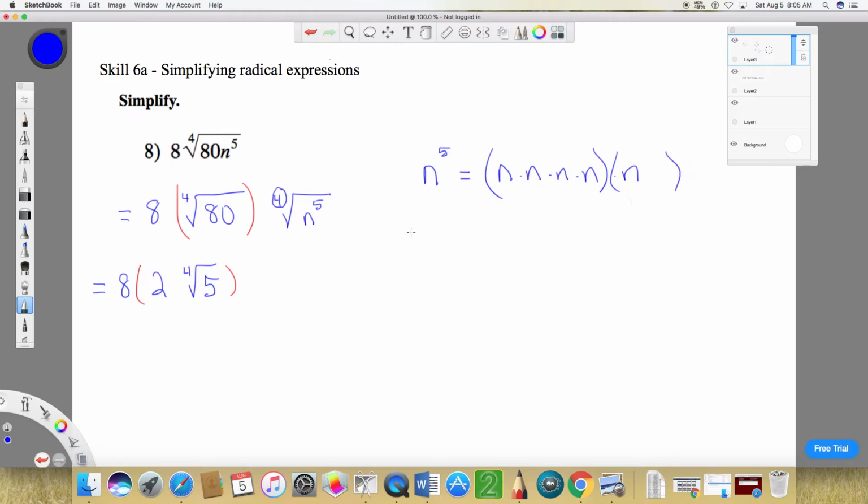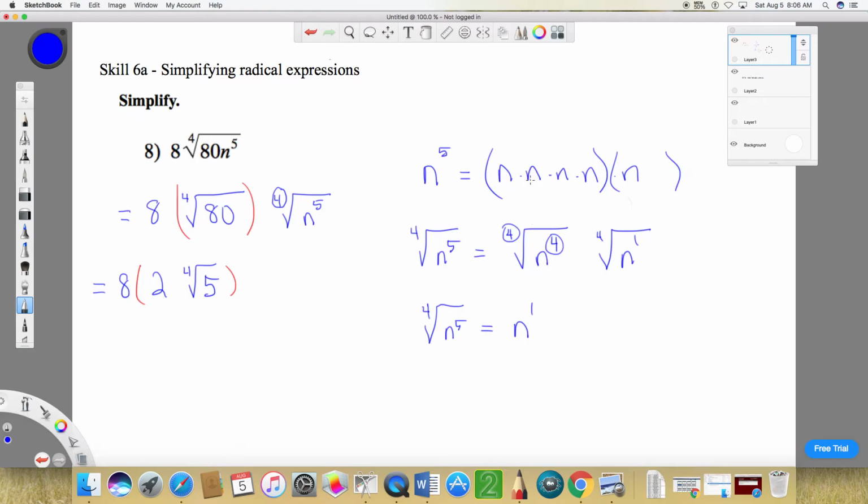So the 4th root of n to the 5th power, I can break it down and say, yes, I have a group of 4. I have one group of 4, but I have some left over that I'm not going to be able to simplify. So this 4th root of n to the 5th power, because 4 divided by that 4 is 1, I just have one group of 4.